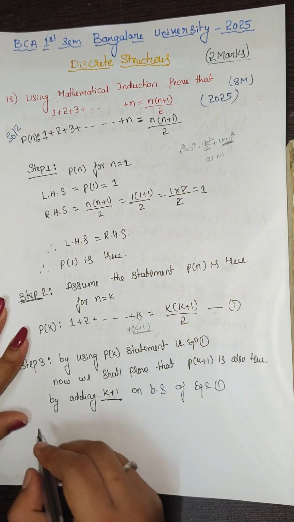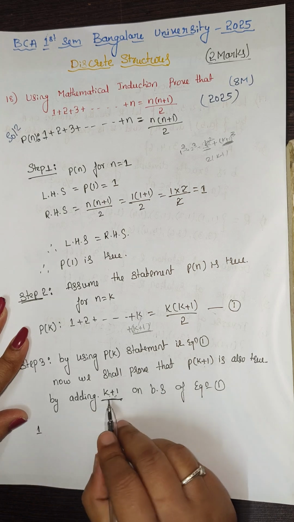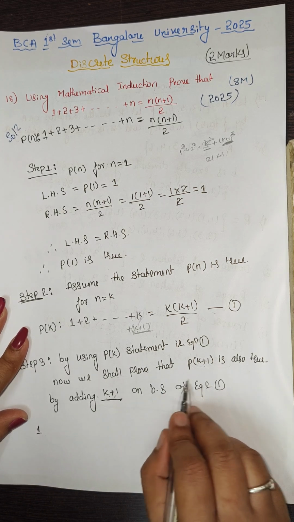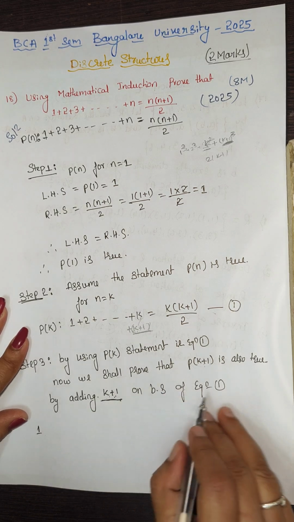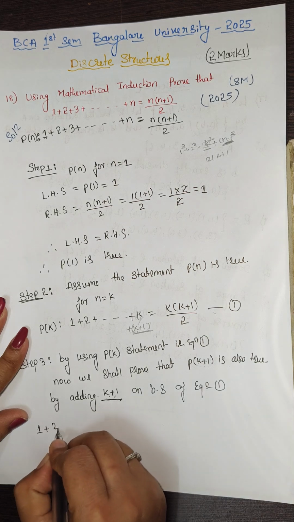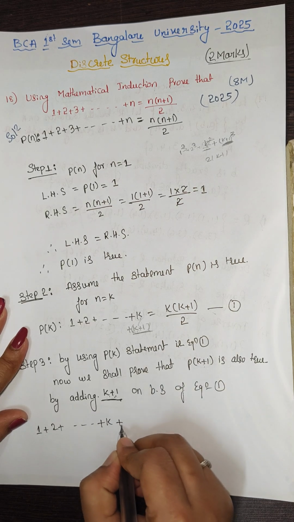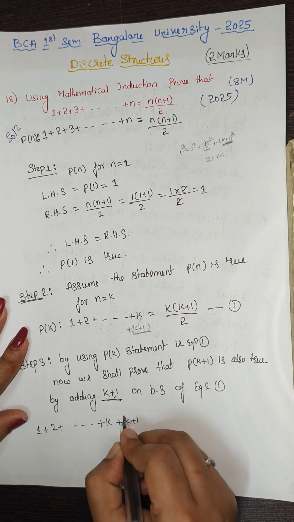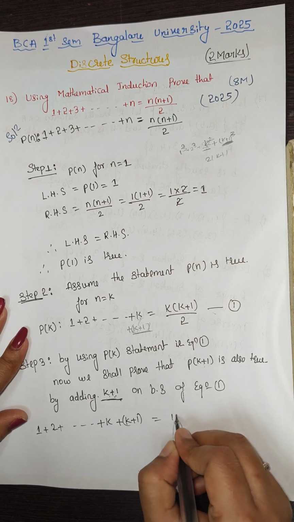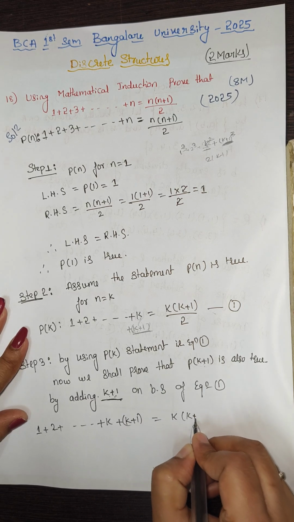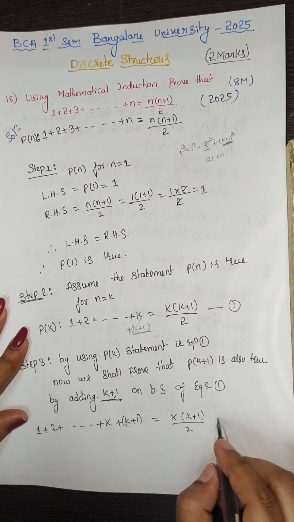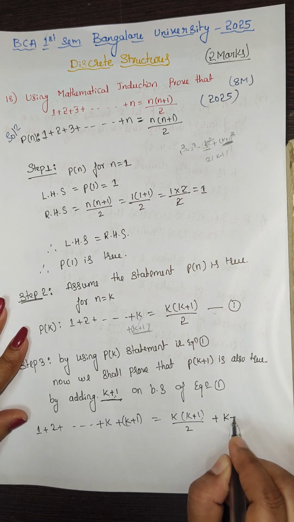So I will write it here. We have to add k plus 1 on both sides of equation 1. So 1 plus 2 up to k, then k plus 1. On the right hand side also, k into k plus 1 divided by 2, and we need to add k plus 1.